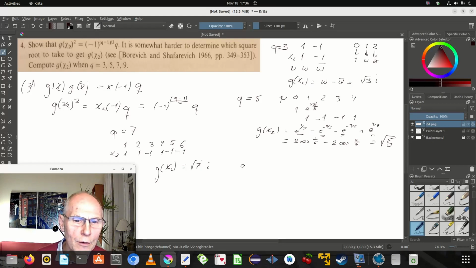So q equals 9. That was the one I thought would be more easy. That's 3 squared. Actually, I need a lot of computation to do that.